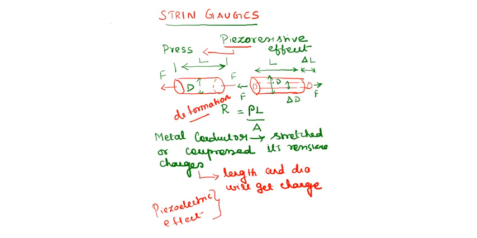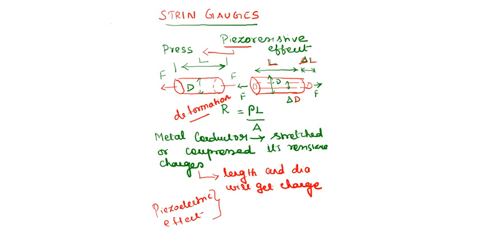That is what I have shown. The indication is L, then del L. L is the original length, del L is the change in length, and the original dimension I have given as capital D, and the change in dimension is indicated as del D. So when a metal conductor is stretched or compressed, its resistance changes.